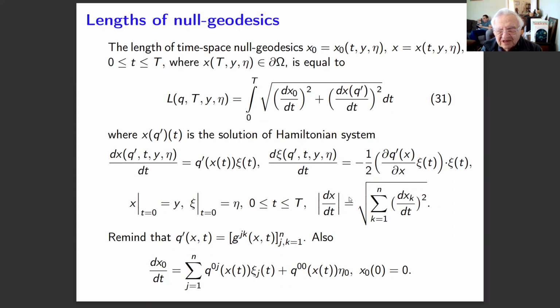the Hamiltonian equation in tau. Now let us move to our main object, the length of time-space geodesics, x equals x0 of t by eta, x equals x of t by eta, where x of t by eta belongs to the boundary of omega.